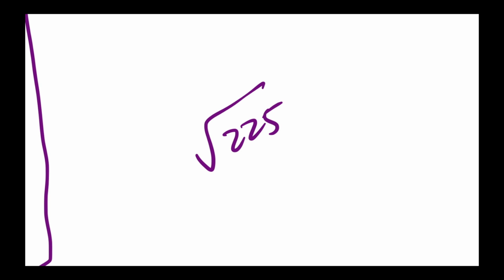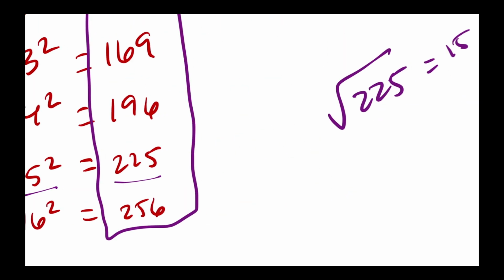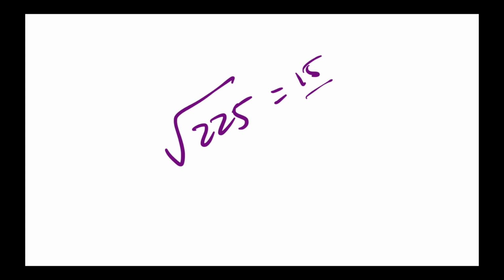Hello? 15. Yeah, square root of 225 is 15 because, remember, 225 is 15 squared. So if we think about it, what number times itself gives me 225? 15. Or if you want to think of it the other way, square root of 225, well, 225 is just 15 squared, and the square root and the square cancel each other out. So that's how we get 15.